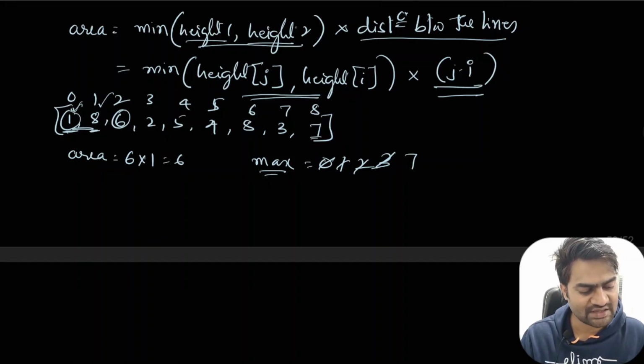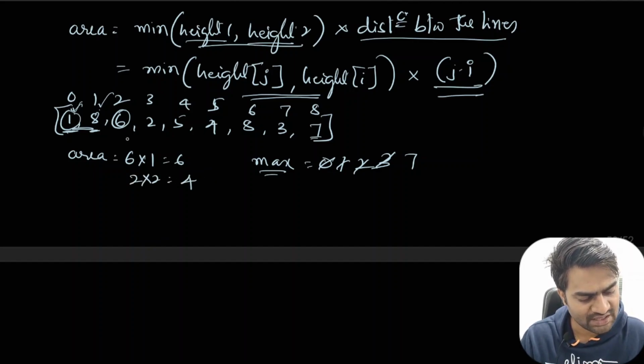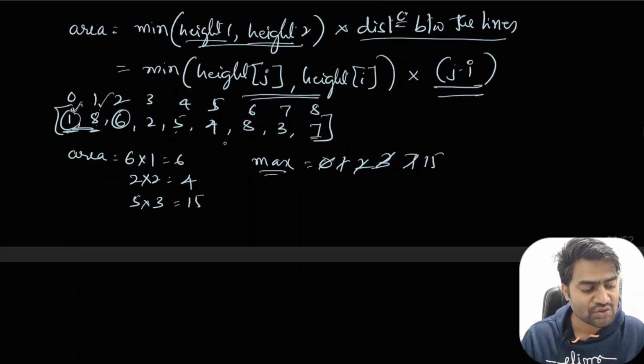So already it is 7, so I don't update. Next one, 8 and 2. So between 8 and 2, 2 is minimum. So 2 into 2, it is 4. So again I don't update. Next 8 and 5. So minimum is 5. So 5 into 3, it is 15. Now I will update. And we need to keep on doing the same.